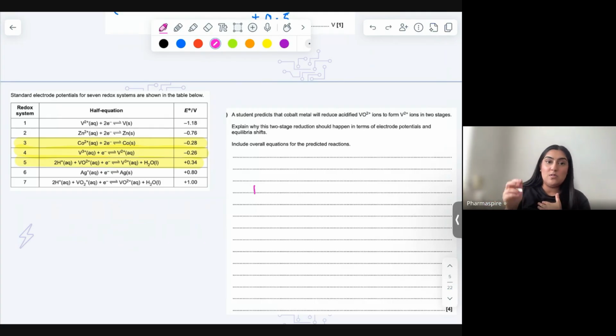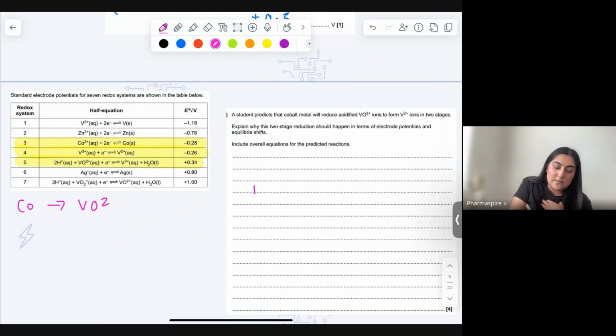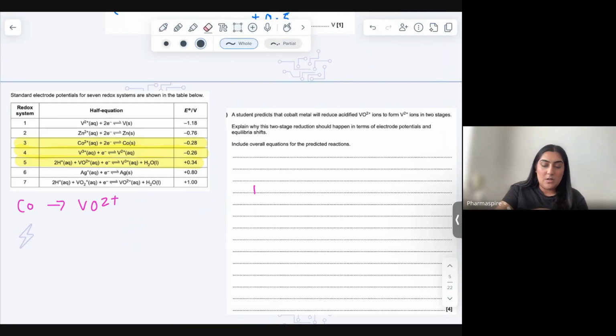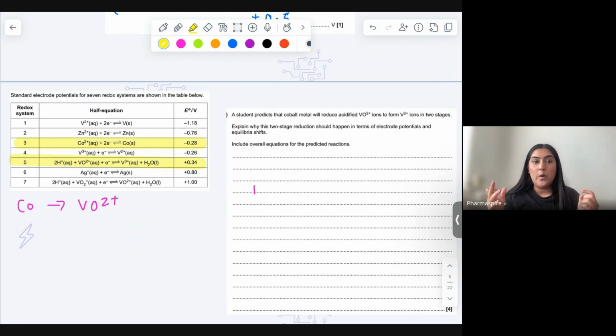So we need to do step 1, which is Colbert and VO2 plus. Now, how do you actually write the cell? I'm going to rub out the middle one just because it is getting in the way. Remember when I said to you, these are all reduction values. Which system am I going to reverse the equation of?